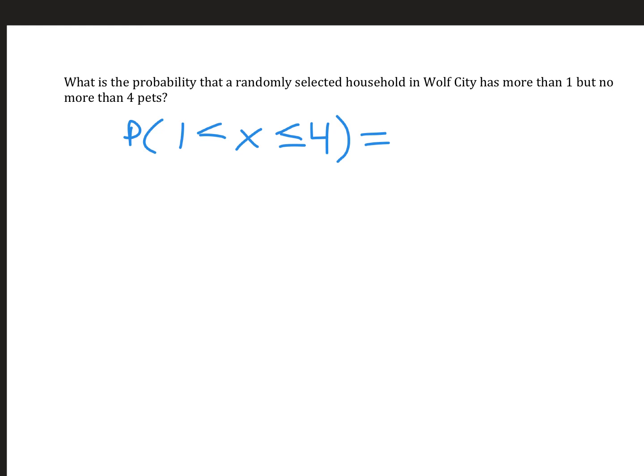But what does not more than mean? Not more than means less than or equal. All right, so the numbers we're allowed to have are 2, 3, and 4. Probability of 2 was 0.21. Probability of 3 was 0.13, and probability of 4 was 0.06. 34 plus 6 is 40, so our probability is 0.4.